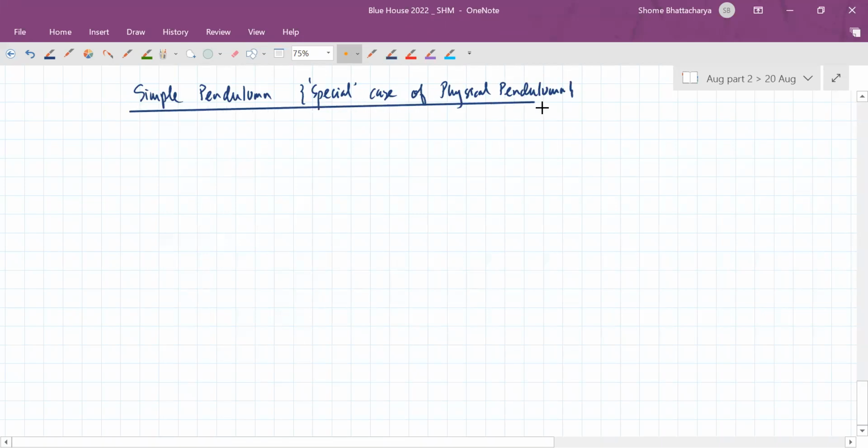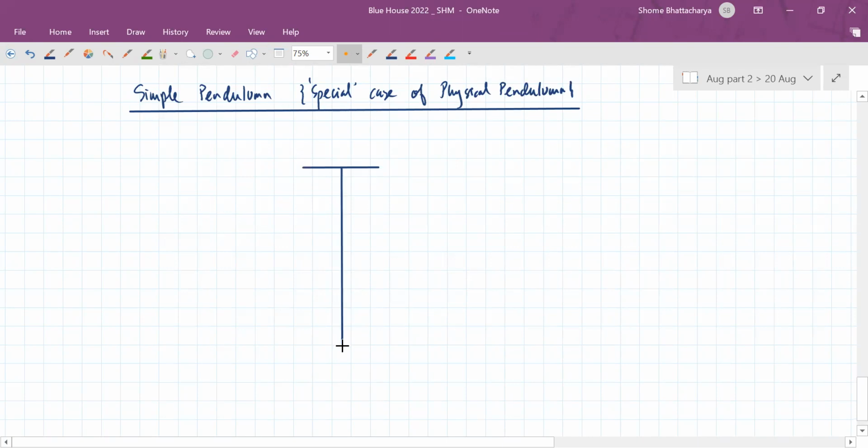As you know, the simple pendulum consists of a massless thread which is used to suspend a small spherical object called a bob. Since the radius of that small spherical object is negligible compared to the length of the thread, we can treat it like a particle.